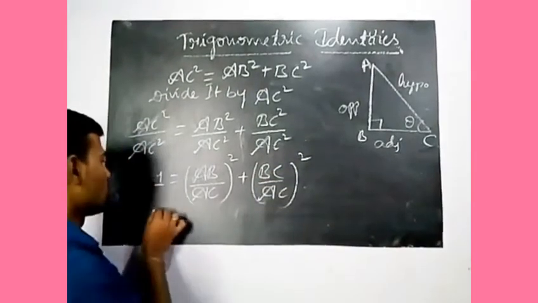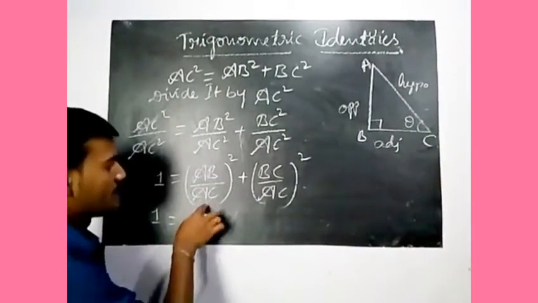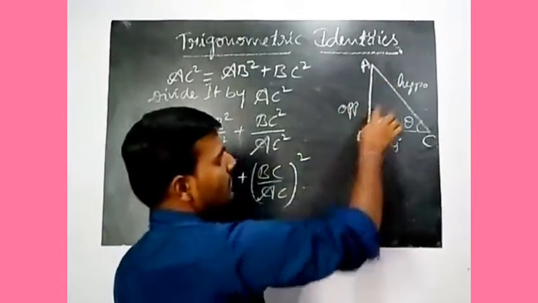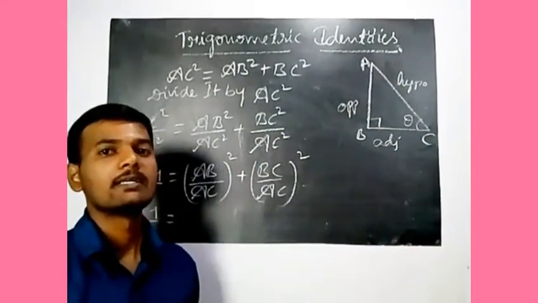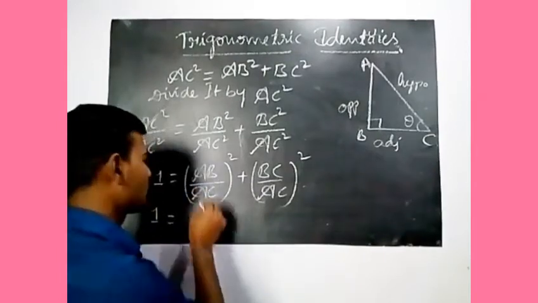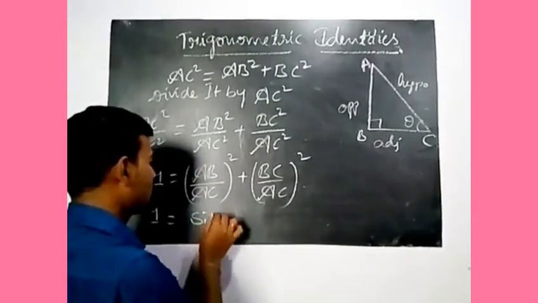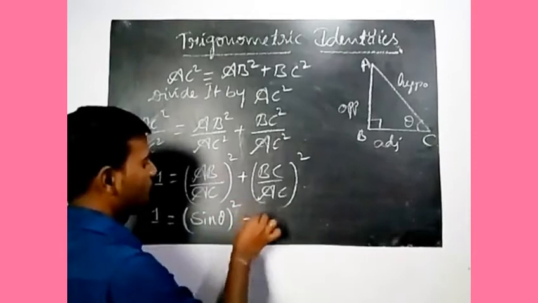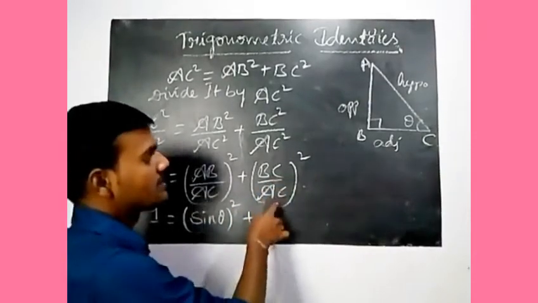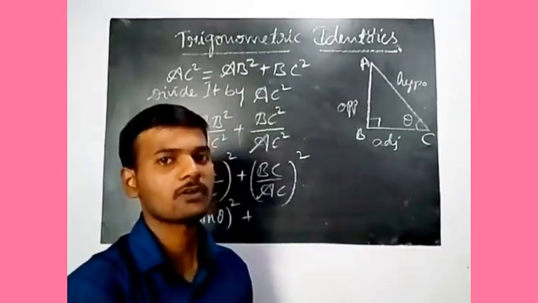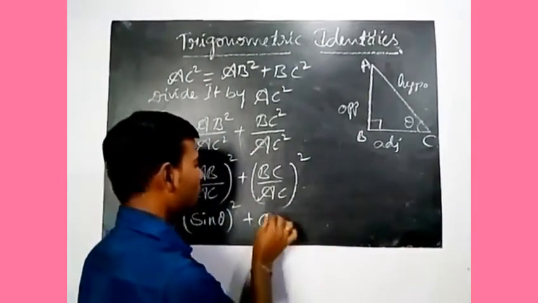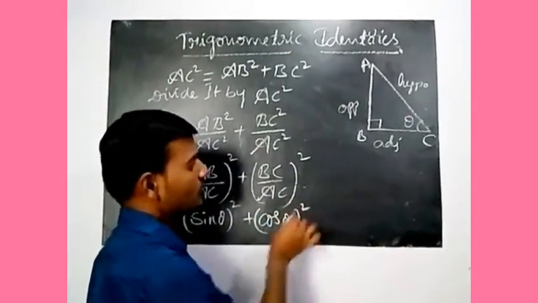AB means opposite by hypotenuse, which is the ratio of sine theta, so sine theta whole square. BC means adjacent by hypotenuse, which is the ratio of cos theta, so cos theta whole square.